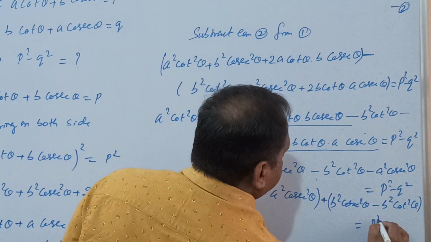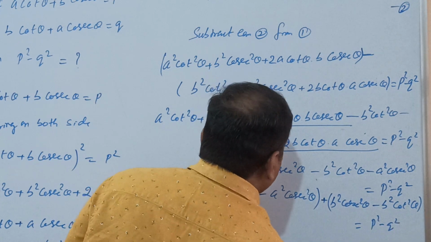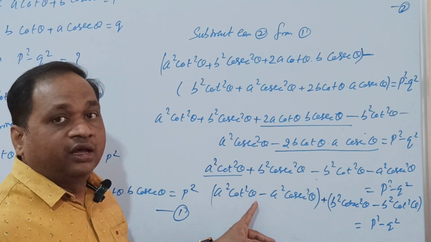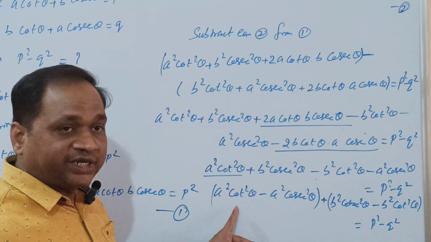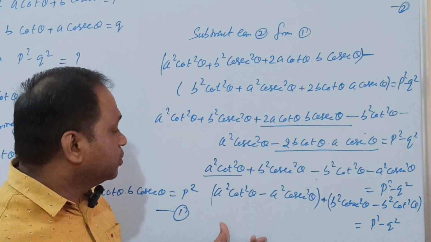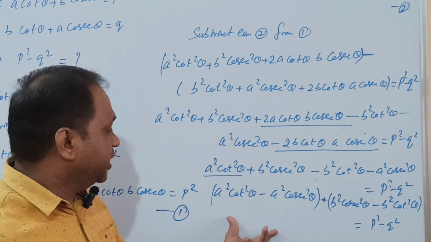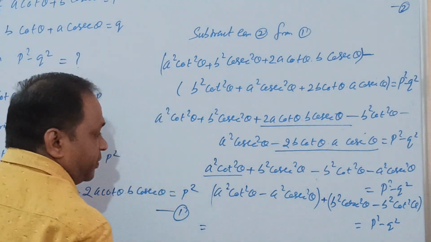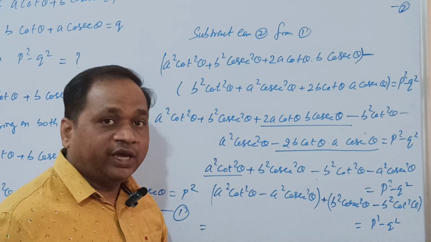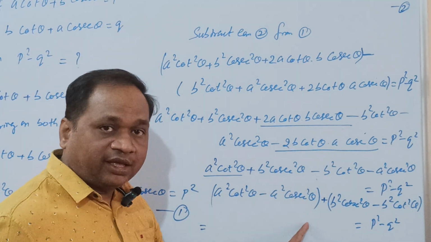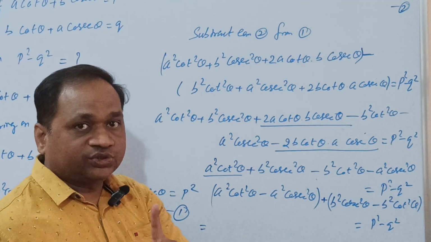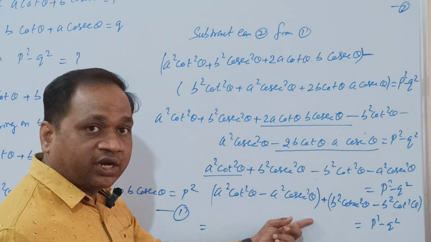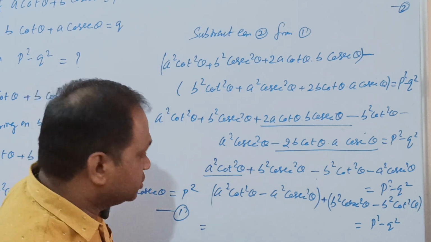We know the identity cosec square theta minus cot square theta is equal to 1. That's why I grouped the same terms. Actually here minus cosec square is there, so I will take a minus common.